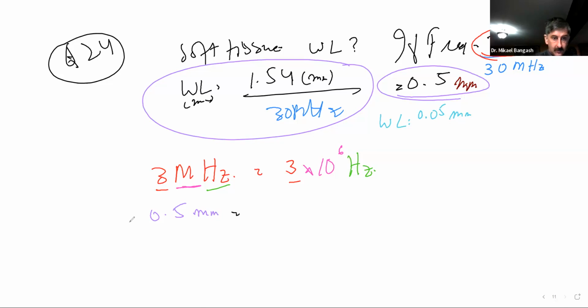We can still say 0.5, and the milli is 10 raised to the power minus 3, and the meter is still meter.